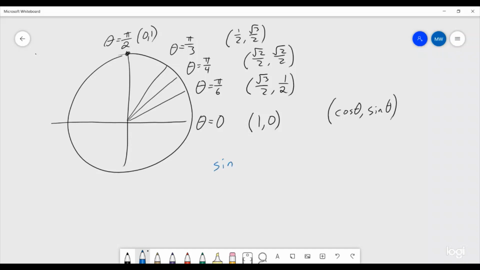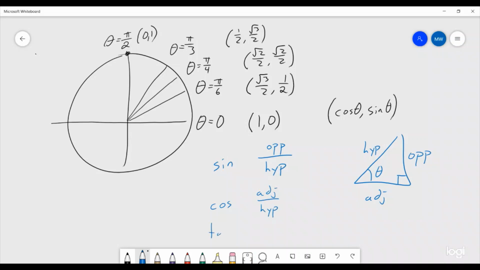Sine is opposite over hypotenuse, where we have some angle theta, we have opposite, adjacent, and hypotenuse, and you're trying to figure out what those different things are. Sine is opposite over hypotenuse, cosine is adjacent over hypotenuse, and tangent is opposite over adjacent. All right, let's now move on to inverse functions.